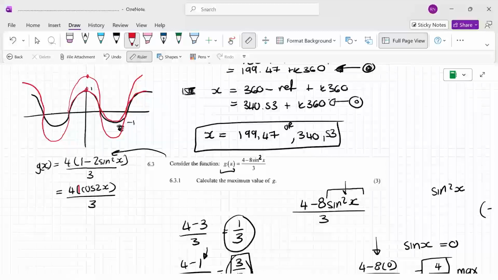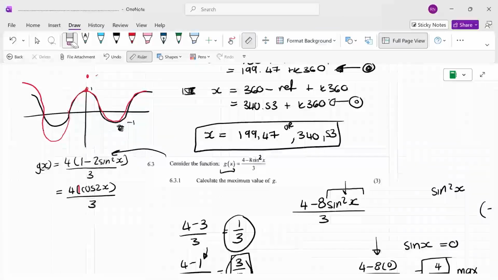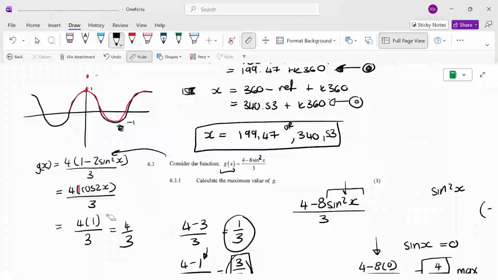Maybe it's going to have a shorter period, narrower, right? Sorry, ignore this. I was mistaken. So the highest this cos 2x can be is 1, right? And so the highest it can be is 4 times 1 over 3, which is just 4 over 3.